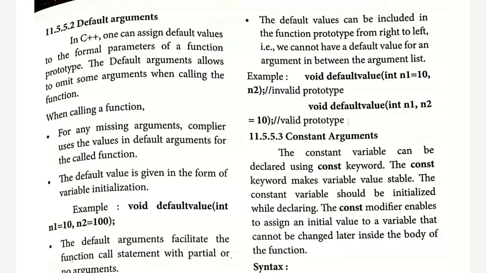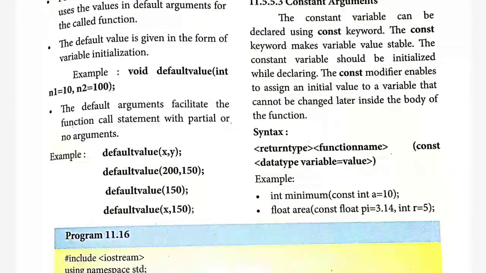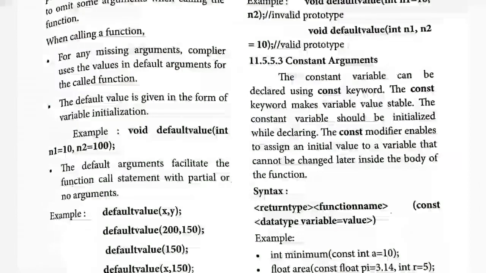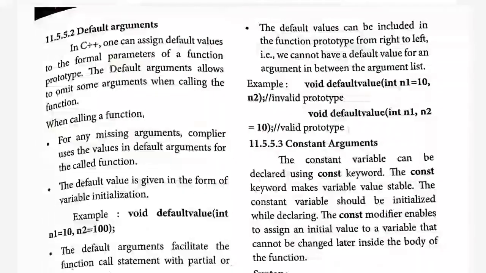If you want to give the argument as constant, the value which is provided by the user is converted to a constant. So there are two types of input that can be given to this function: const argument or default argument.